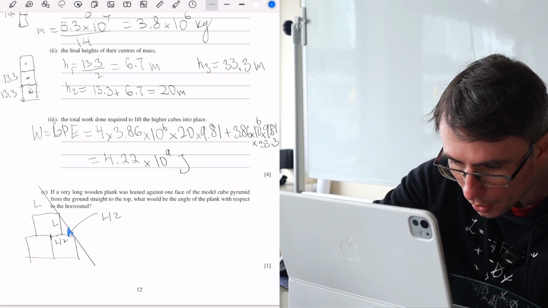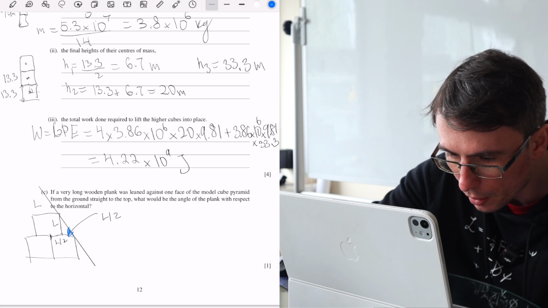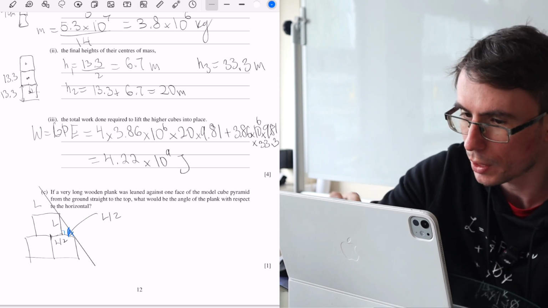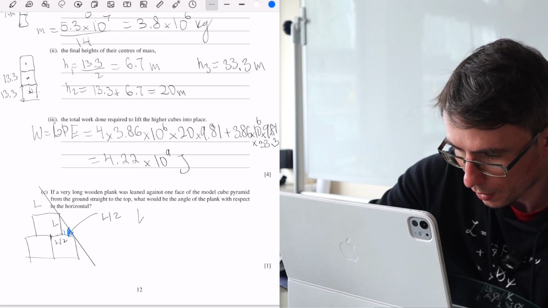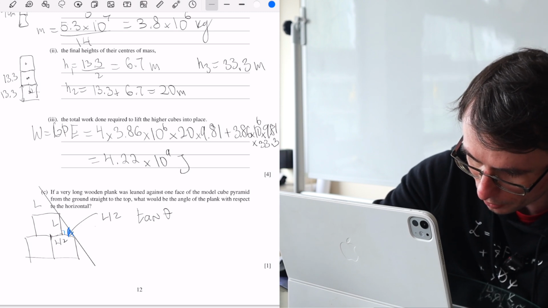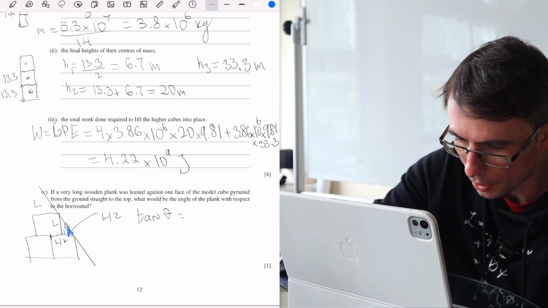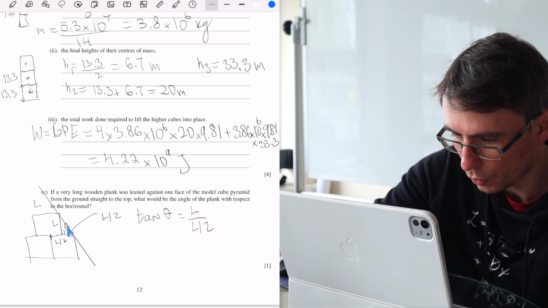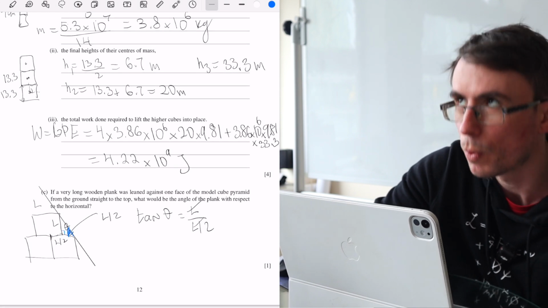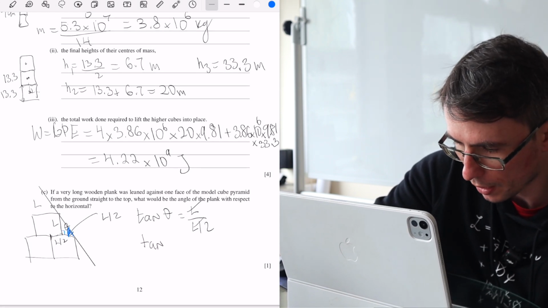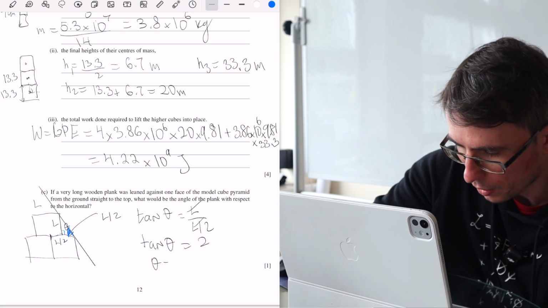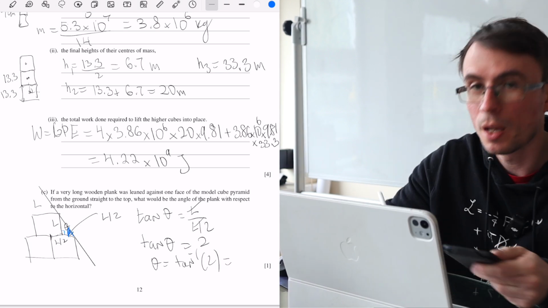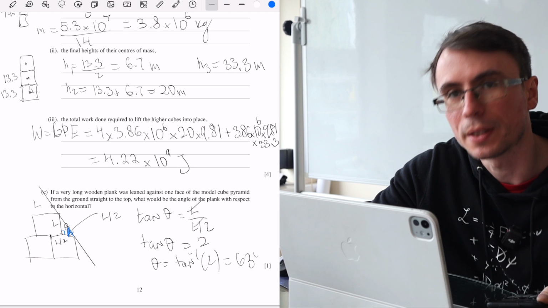So we can say that, okay, this here is 90 degrees, so we're probably going to use the tangent of theta, where this angle here is theta, is going to be the opposite, which is L, divided by the adjacent, which is L/2. So these are going to cancel. L over L/2 is just 2. Tan of theta is equal to 2. Theta is the inverse tangent of 2, which is around 63 degrees.